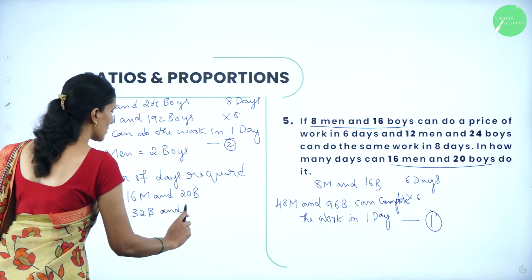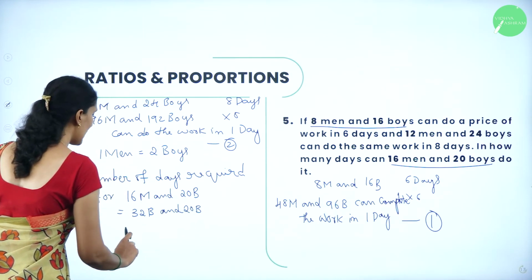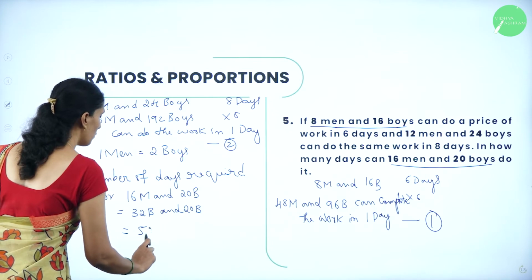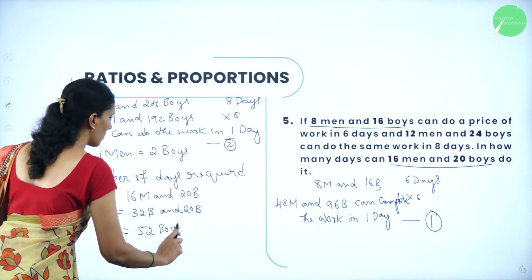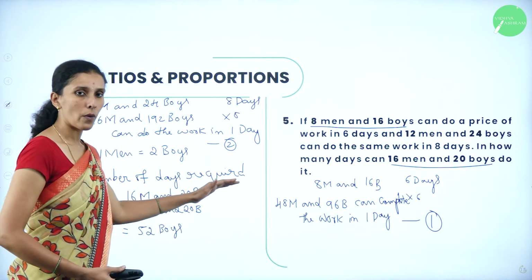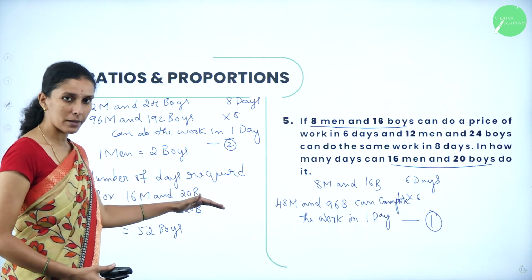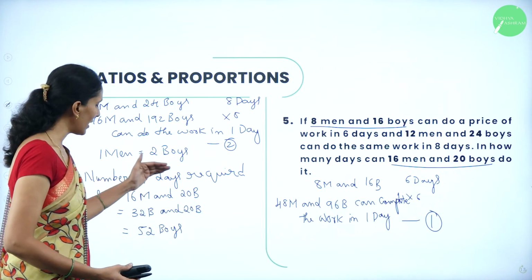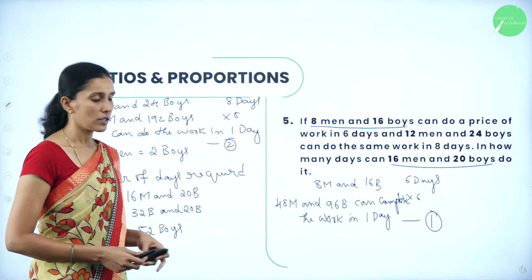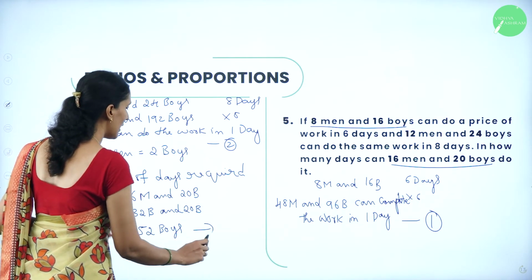And 20 boys. That is the same as 32 plus 20, 52 boys. So the number of days required for 16 men and 20 boys is the same as the number of days required for 52 boys. So I have to calculate the number of days.